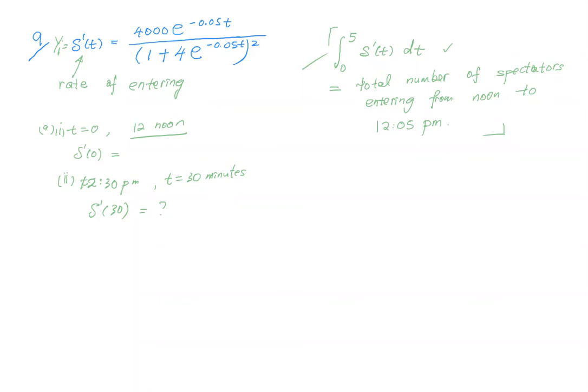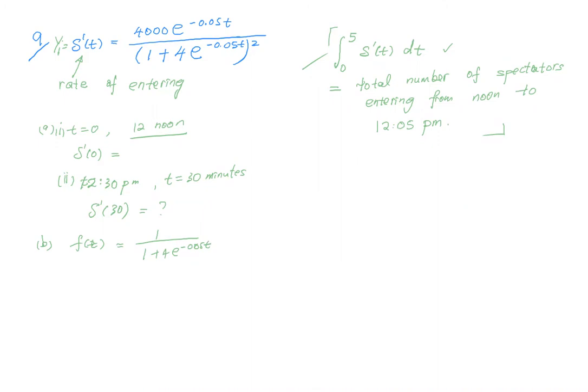Do you know how? So I told you already, you have to learn how to differentiate and integrate. So find the derivative of this. So I just let f(t) be 1 over 1 plus 4 e to the power negative 0.05 t, to the power negative 1, correct?